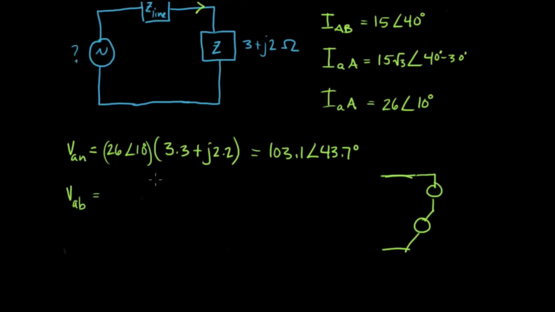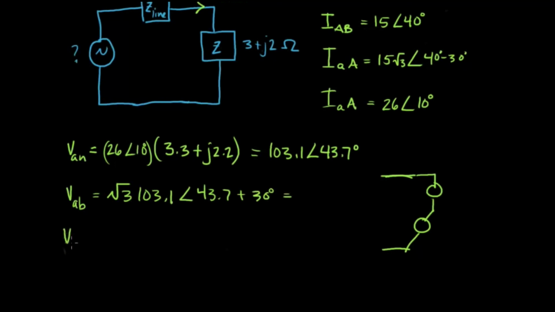That's just sort of my little trick for remembering it. You can also just remember that the line voltage is delta voltage. Okay, so we need to convert this by multiplying it by the square root of 3 and adding 30 to the phase.